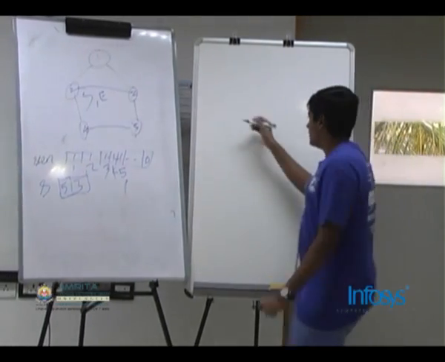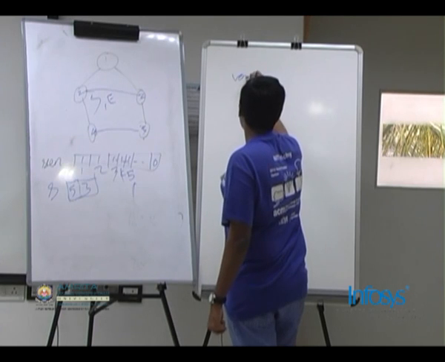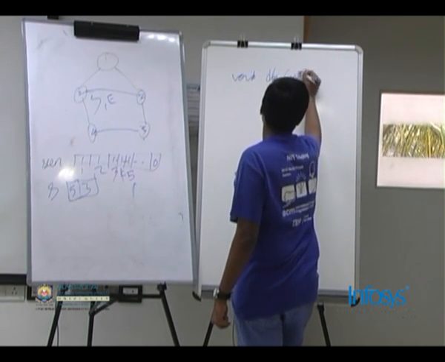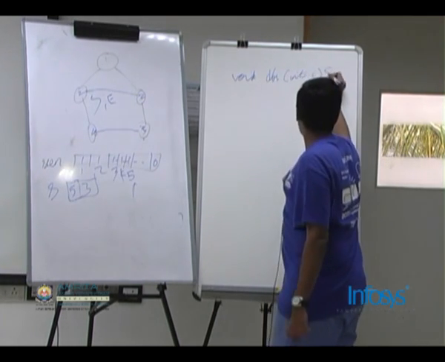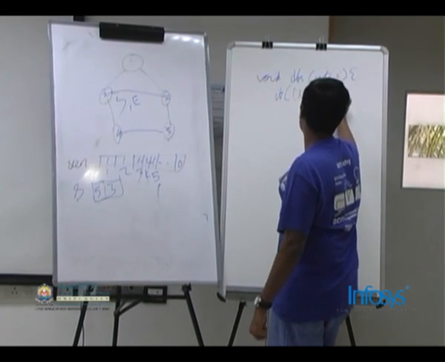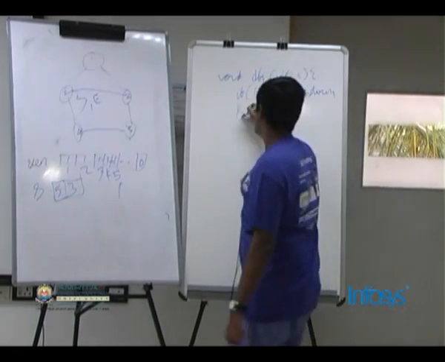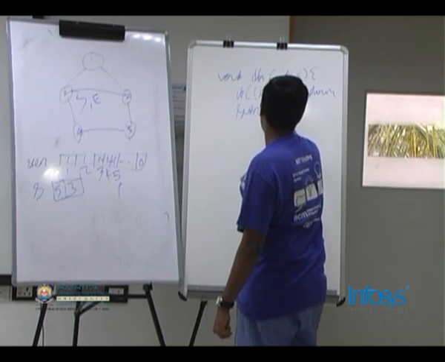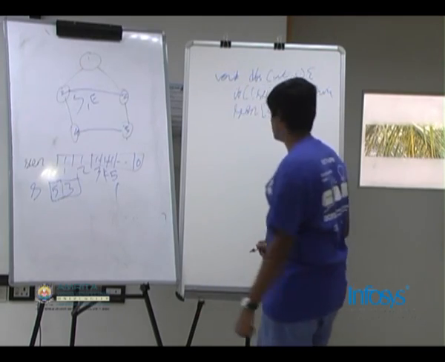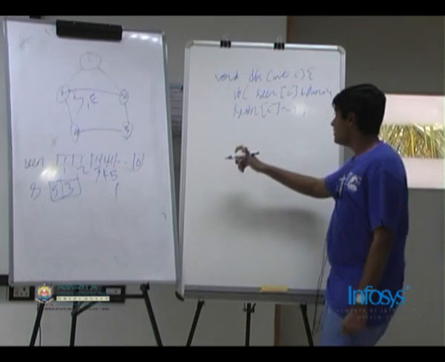So for example, I'll write a short DFS code. void DFS of int I: if seen of I, return; seen of I equal to 1.